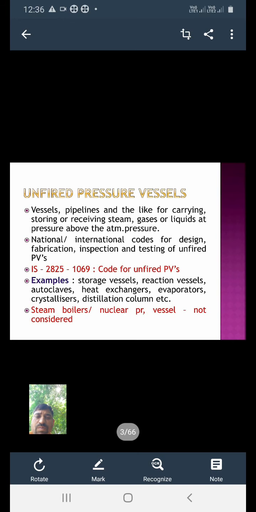Very important, remember that the pressure stored in the pressure vessel is above the atmospheric pressure. An international standard code is there, IS 2825, 1969, code for unfired pressure vessels, prepared by BIS. What is BIS? Bureau of Indian Standards.